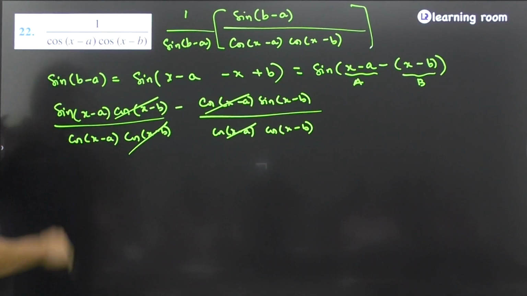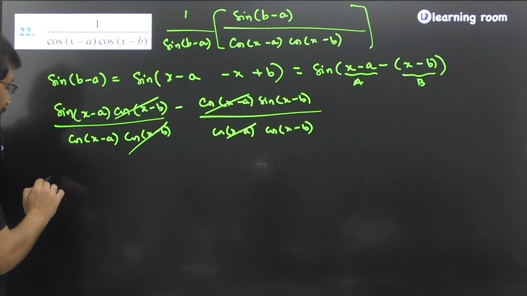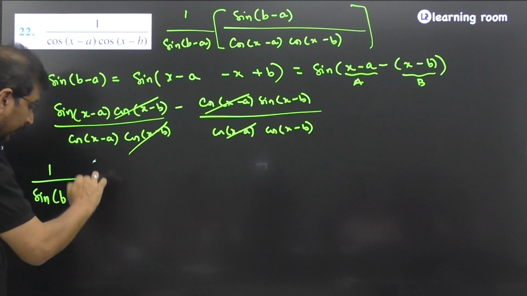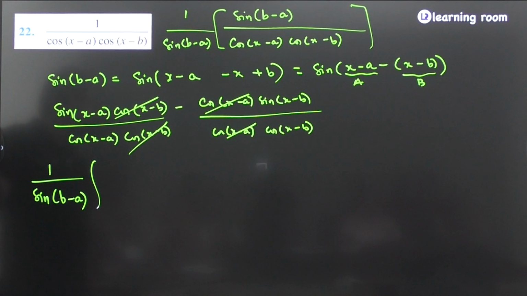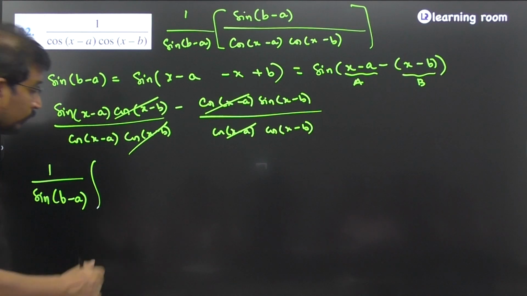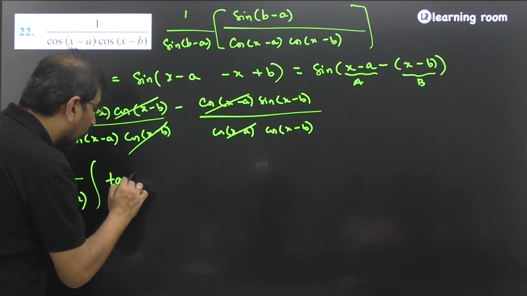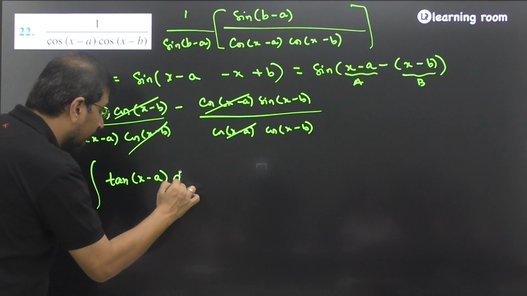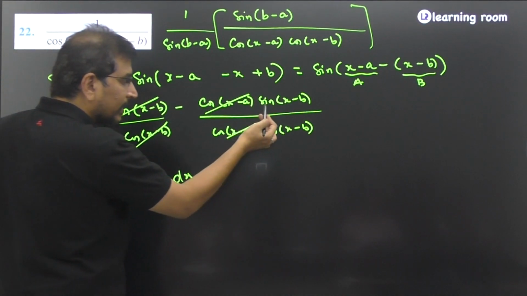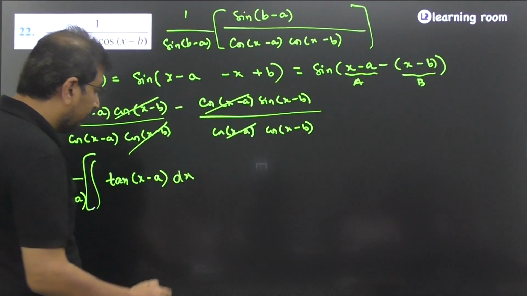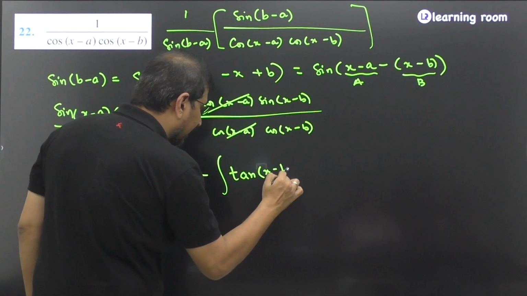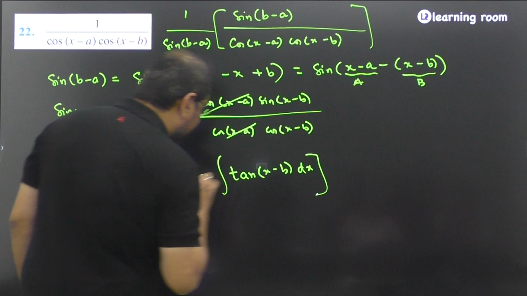So the whole integral of this can be written as 1 by sine of b minus a out of the integral of sin x minus a by cos x minus a, which is tan of x minus a dx, minus sin x minus b by cos x minus b, which is tan of x minus b dx.